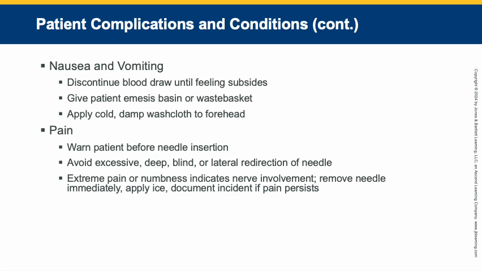Application of an ice pack to the site after needle removal can help prevent or reduce inflammation associated with nerve involvement. If you sense that the patient is in pain, the patient complains of marked or extreme pain, or the patient asks you to remove the needle for any reason, terminate the venipuncture immediately, even if there are no other signs of nerve injury.